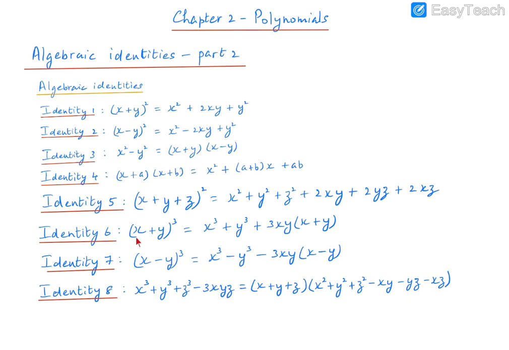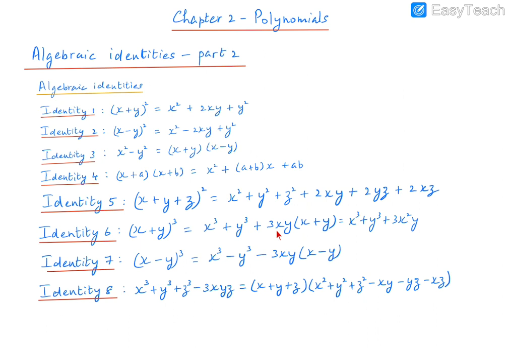So for x plus y the whole cube, it's x cubed plus y cubed plus 3xy into x plus y. We can expand this particular term here, and we can write this as x cubed plus y cubed plus 3x squared y. So basically we are multiplying the 3xy with this x, so 3x into x is 3x squared, and then we have the y, so it's 3x squared y.